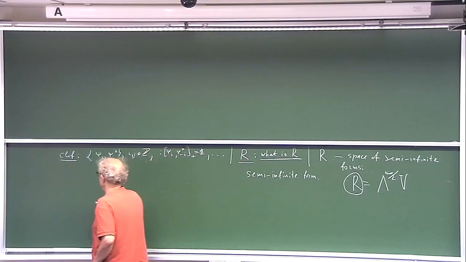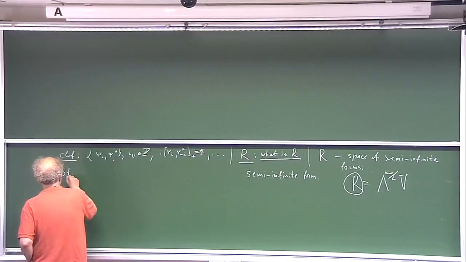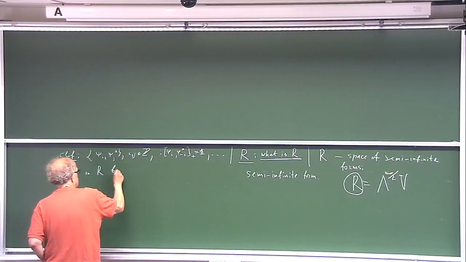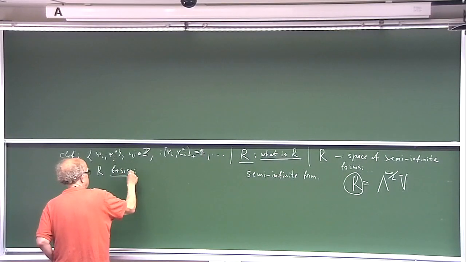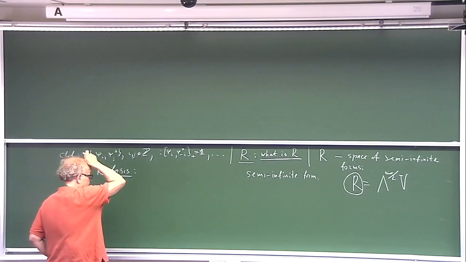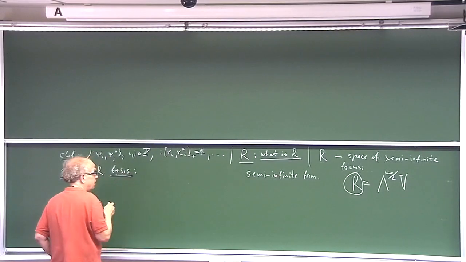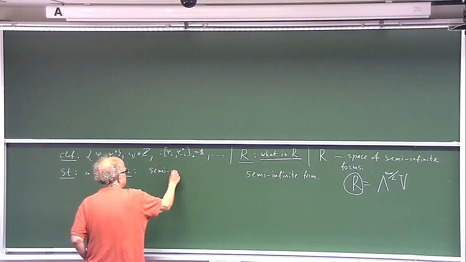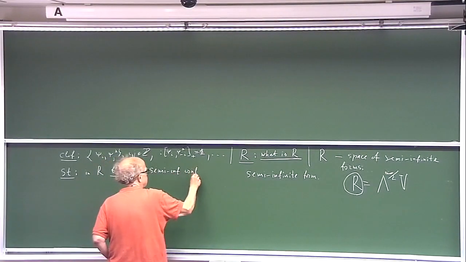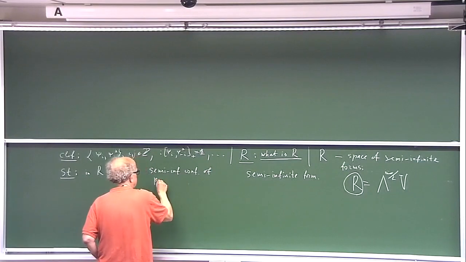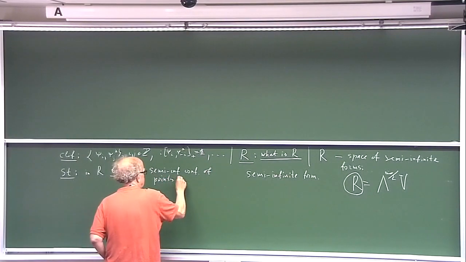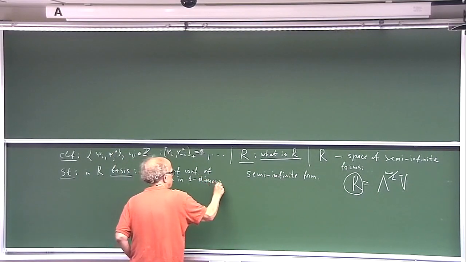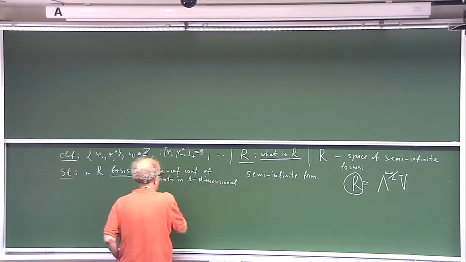So the statement is what? In R, we have a basis labeled by the following data. This data, let me call semi-infinite configurations of points in a one-dimensional lattice.